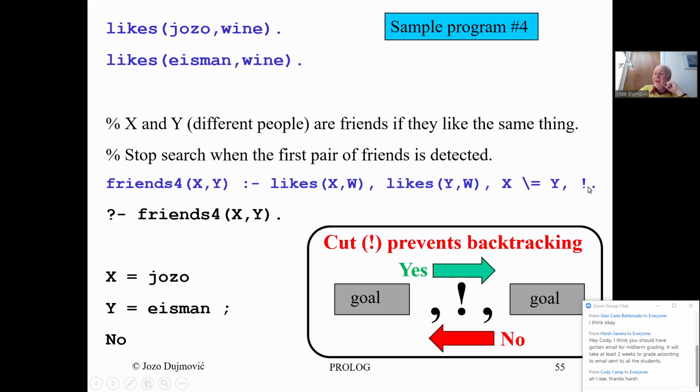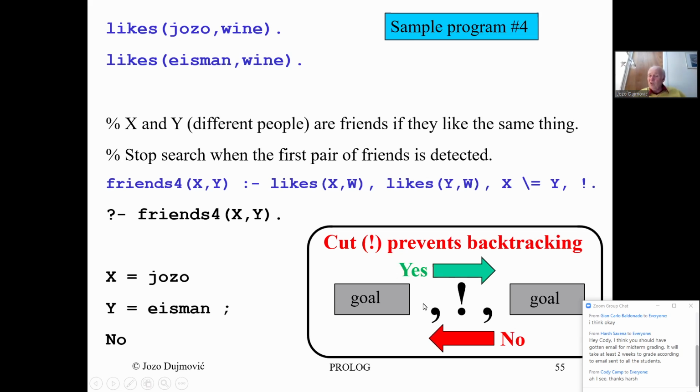And then you have cut. So this cut that we are going to study in great detail is a mechanism that is procedural. If you have a goal and then you have cut and another goal, then you can go in this direction and you cannot go back. It is a procedural element in an otherwise unprocedural world.